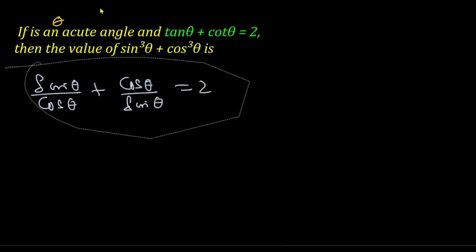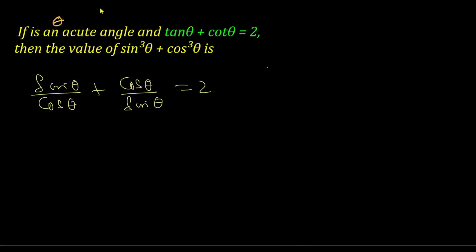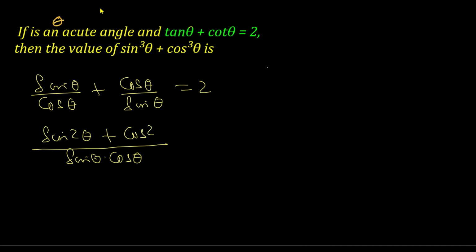Once we have obtained this, we are going to take the LCM. The LCM is going to be sine theta multiplied by cos theta. Sine theta multiplied by sine is sine square theta, plus cos square theta, is equal to 2.